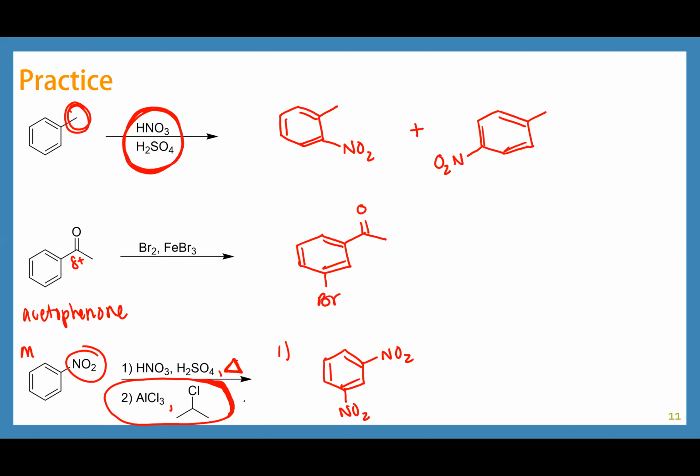So Friedel-Crafts reactions need to have an activated benzene ring or just plain benzene. Once you put a deactivating substituent on there, Friedel-Crafts is unlikely to happen. Since we've put 2 on there, Friedel-Crafts is definitely not going to happen. So this would actually be your final product here. After step 2, nothing else would happen.